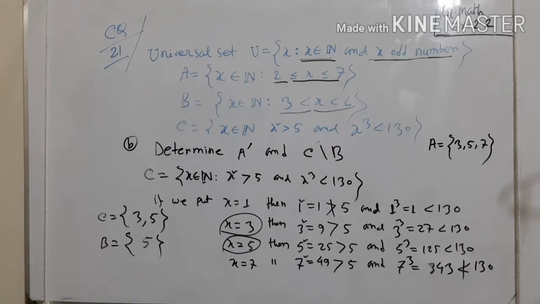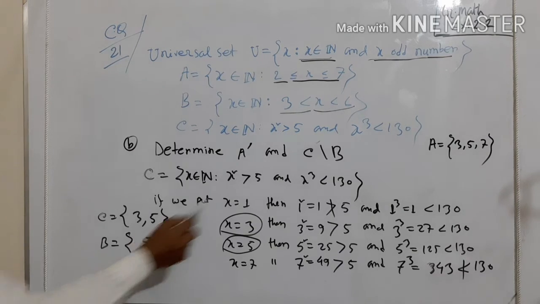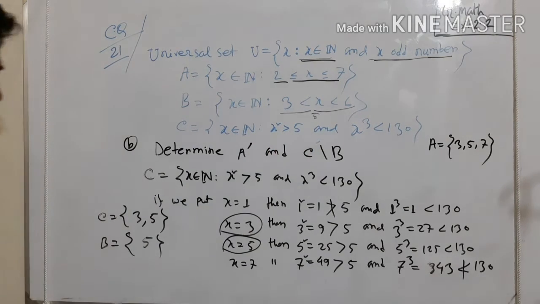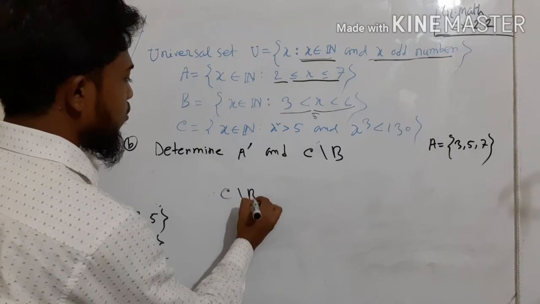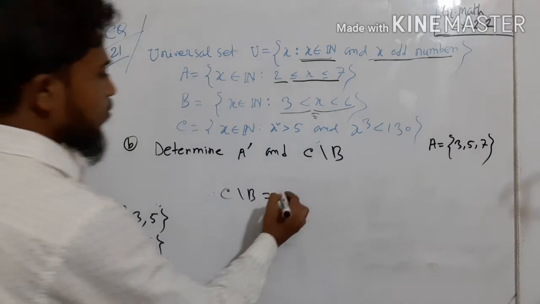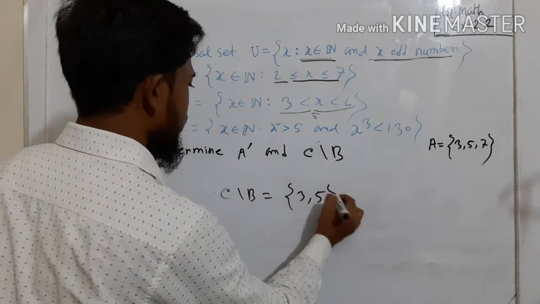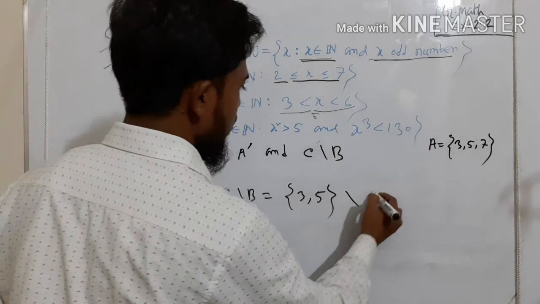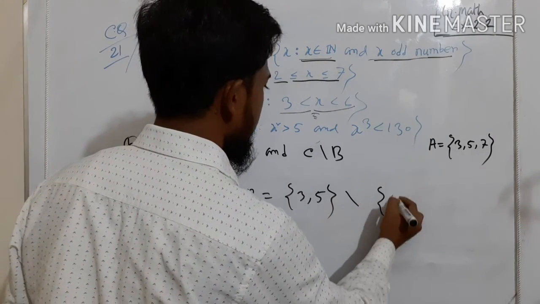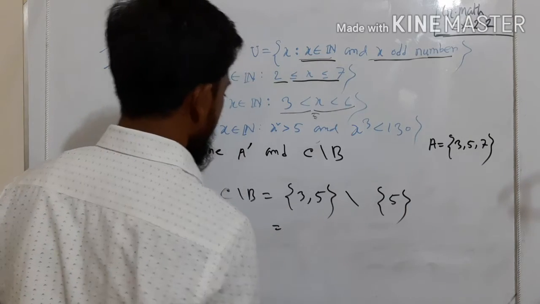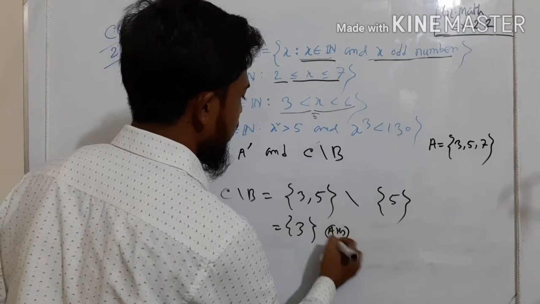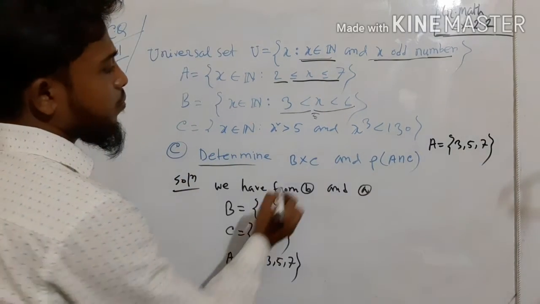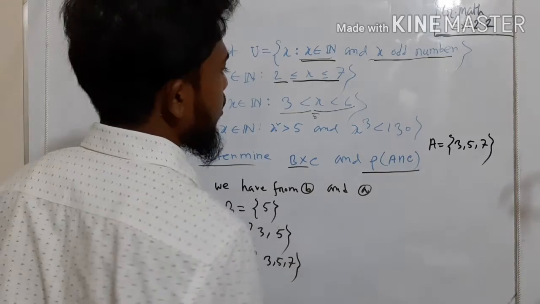So our odd number is 5. So B set equal to {5}. Now C minus B equal to C set minus B set, that is {5}. So C minus B equal to {3}. This is our answer. Number 3, determine B cross C and power set of A intersection C.